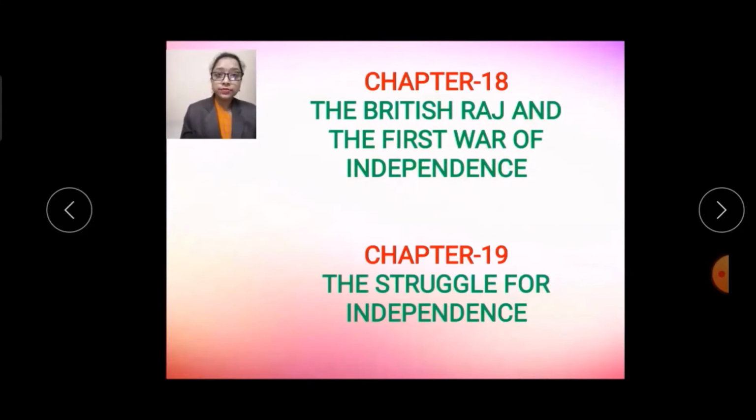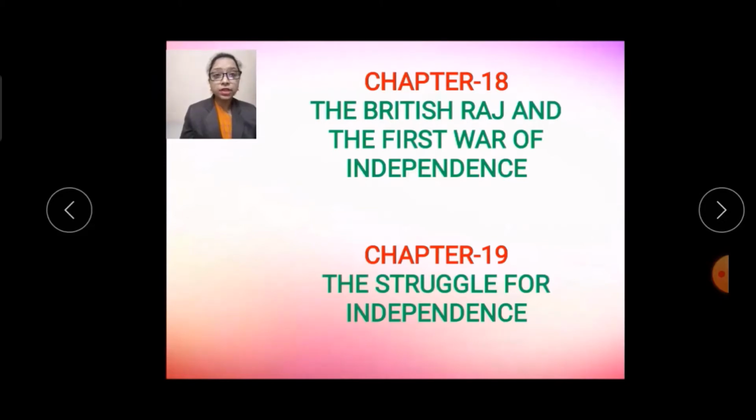Then we studied in chapter 19 that the social reformers fought against the social evils that divided Indian society and made it backward. We also studied that the British tried to divide Indians on the basis of religion because they wanted to weaken the feeling of nationalism among Indians.